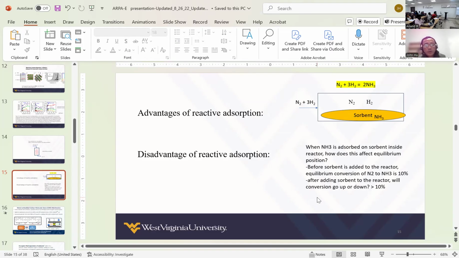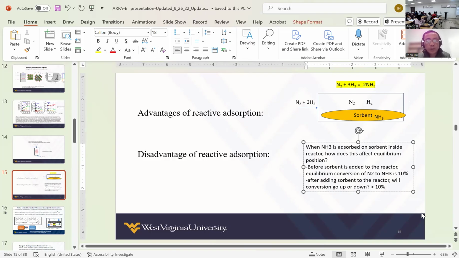So basically, if you learned high school chemistry, the chemistry teacher will tell you, if you remove product, equilibrium will shift to the right, all right? Did the high school teacher tell you this?